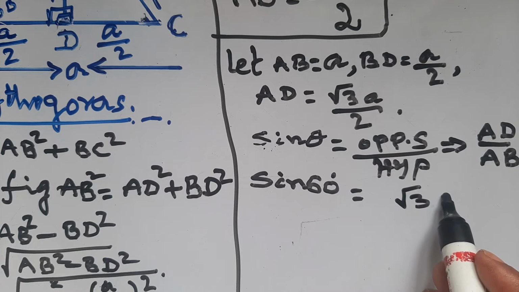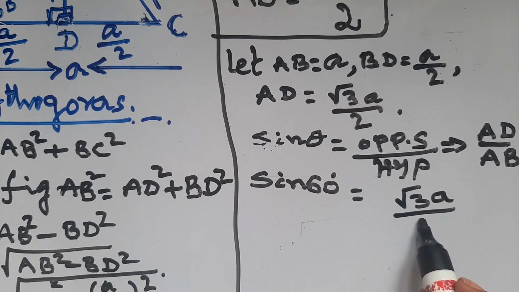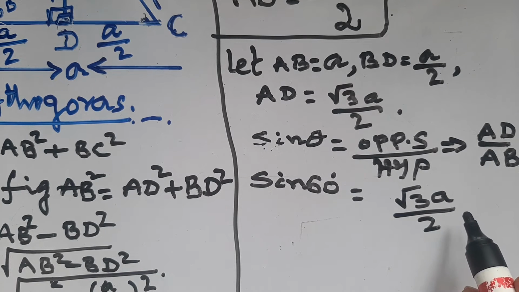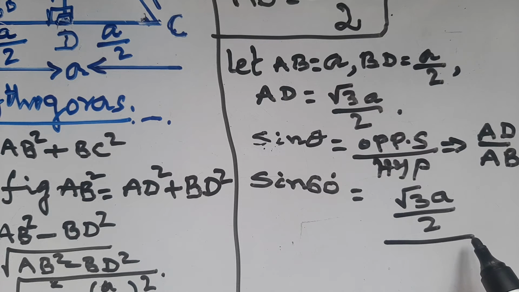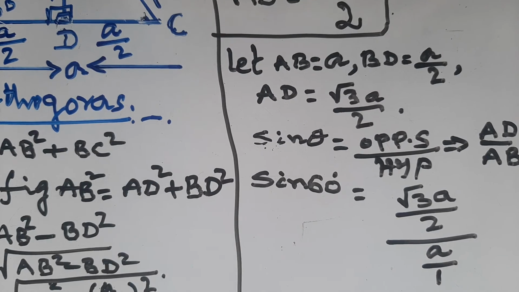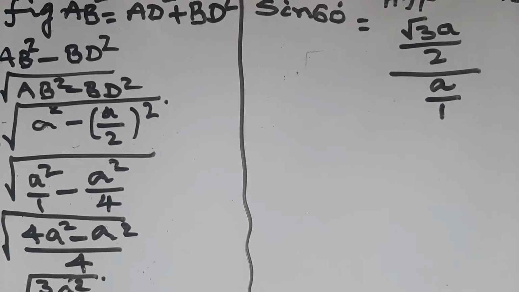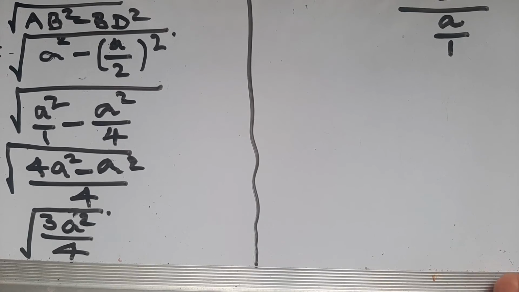root 3a by 2. Next, what is AB? Whole divided by, AB is nothing but a. We can write here a by 1, if nothing is in the denominator, we can write a by 1. Then according to this, what is coming, children? Can you guess that?